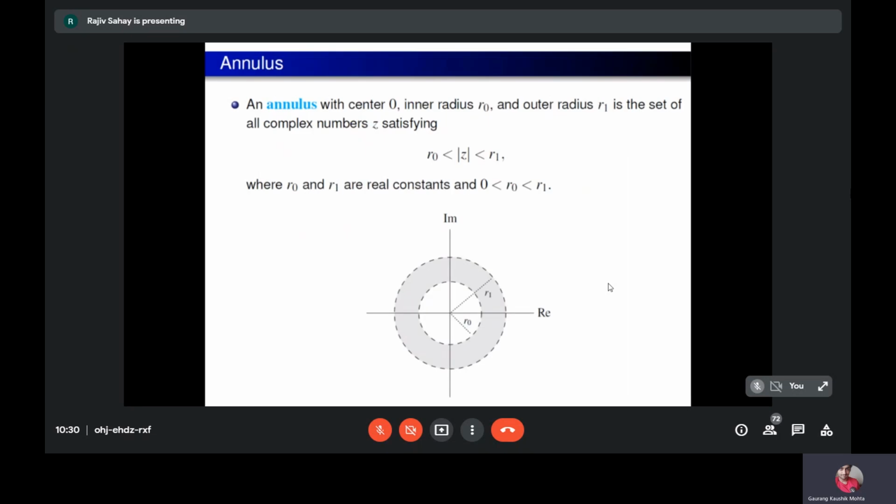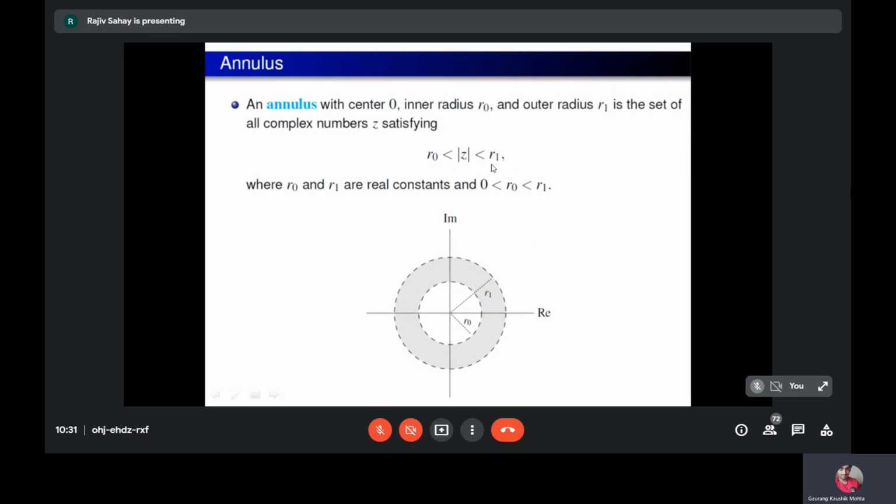Another ROC that we will look at is the annulus. That means the complex numbers in the z-plane lying in an annular region around the origin. So something which is beyond R0 and less than R1. The magnitude of the complex numbers in the z-plane will satisfy this inequality.